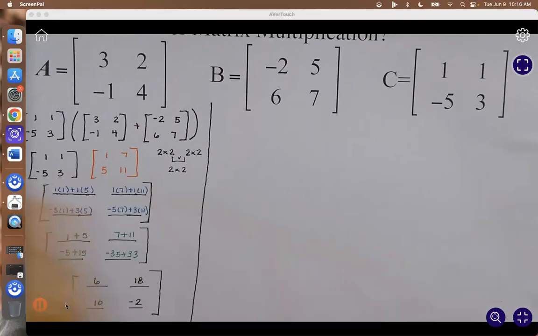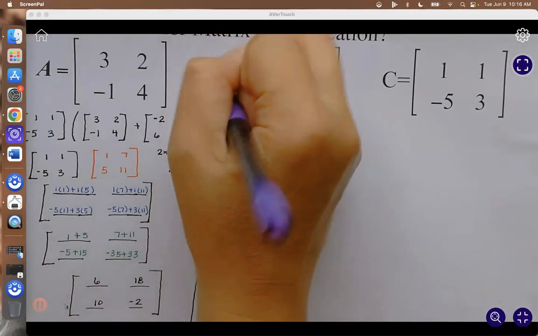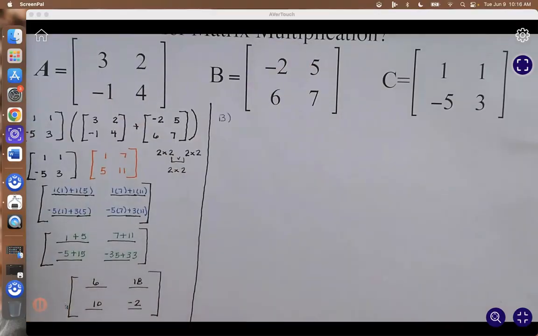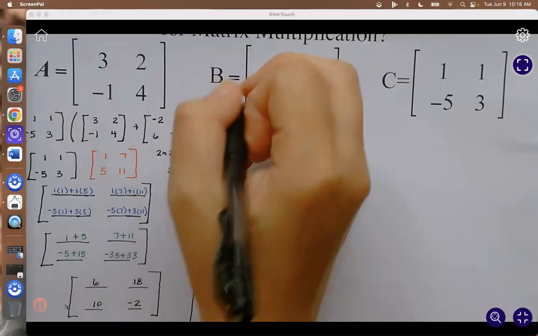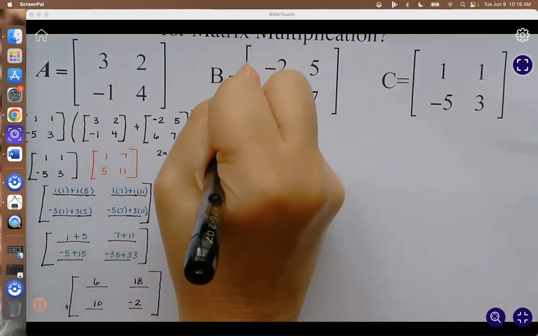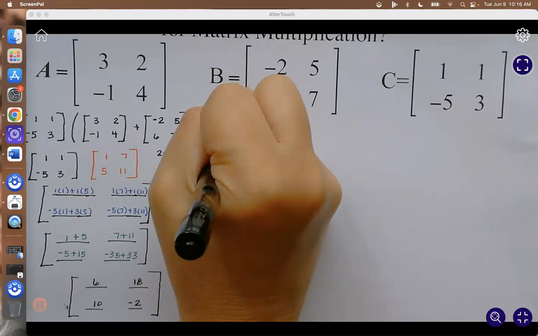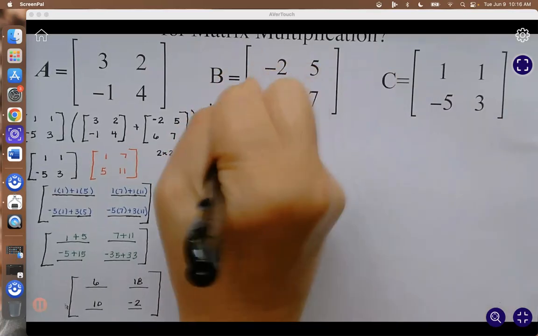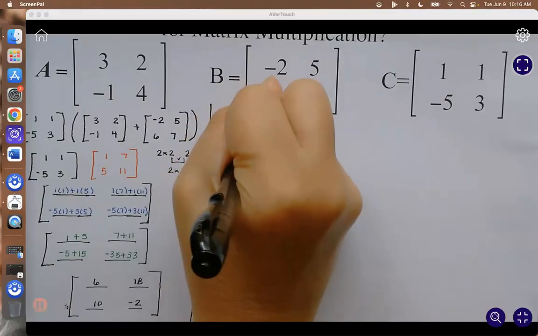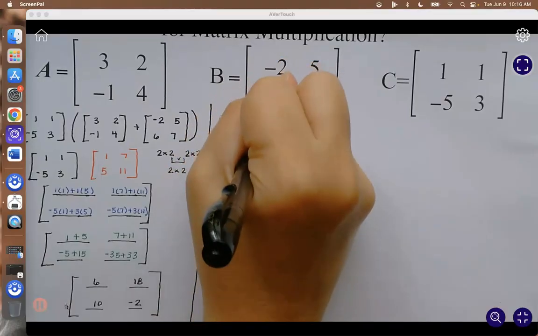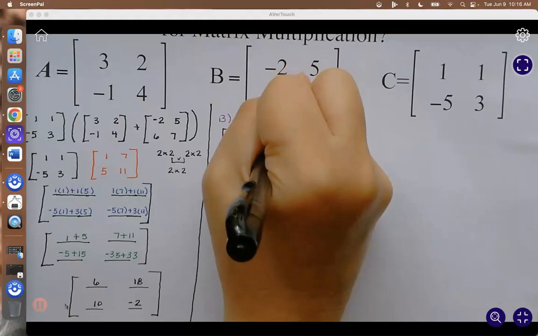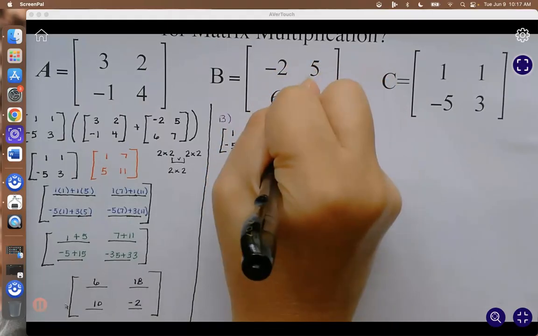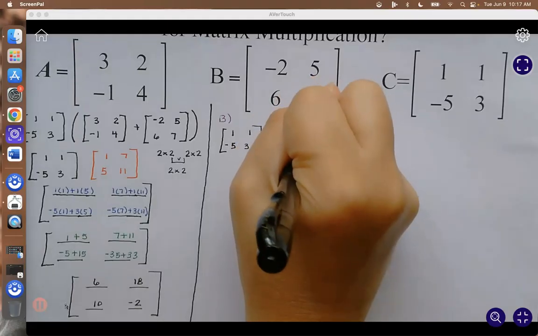Now on this side, part B, we're going to multiply C, 1, 1, negative 5, 3, times A, which is 3, 2, negative 1, 4.